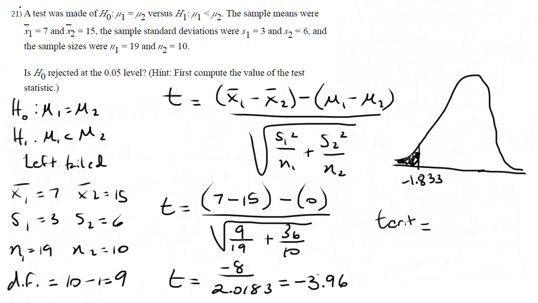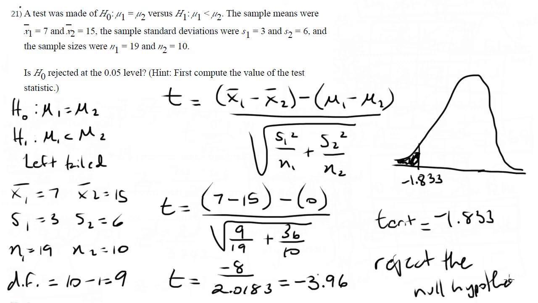Now I'm going to test this value. The t critical value is negative 1.833. I'm going to test negative 3.96. Negative 3.96 is definitely less than negative 1.833. It's in the critical region, the rejection region. So yes, we reject the null hypothesis here. My apologies. So here we reject the null hypothesis.